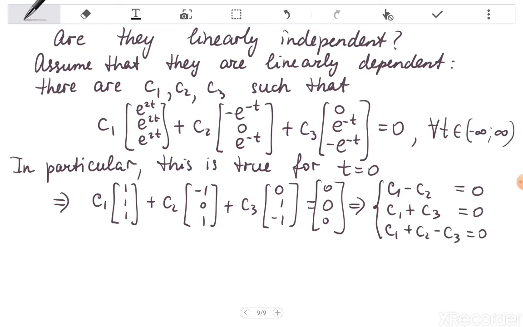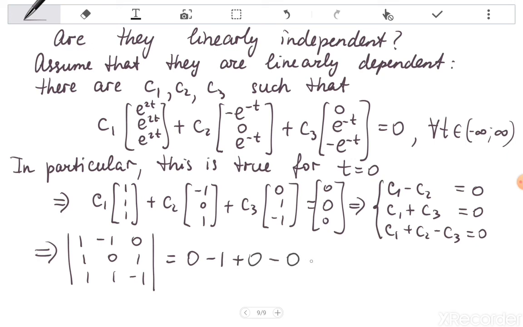So the first thing that we can do to solve the system, to find C1, C2, C3, is calculate the determinant of the matrix of the system. It's 1, minus 1, 0, 1, 0, 1, and 1, 1, minus 1. So the determinant is 0, minus 1, plus 0, minus 0, plus 1, minus 1.